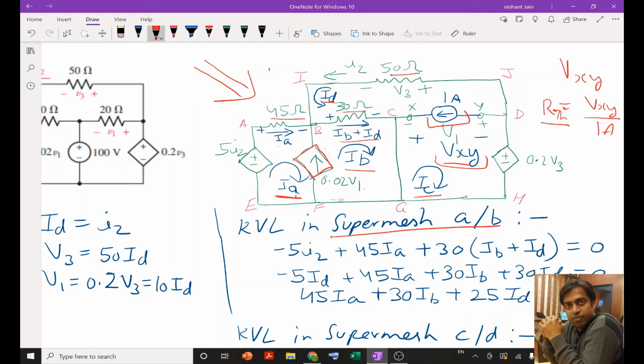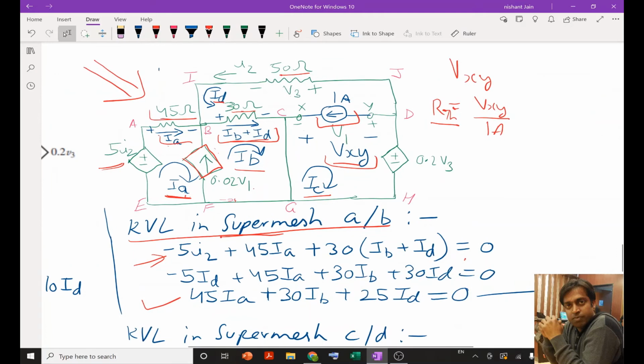Writing the KVL equation for super mesh A and B, I got this equation: 5i2 minus 5i2 plus 45 into IA, then 30 into IB plus ID equals to 0, and solving this equation I get this, and this will become my first equation.